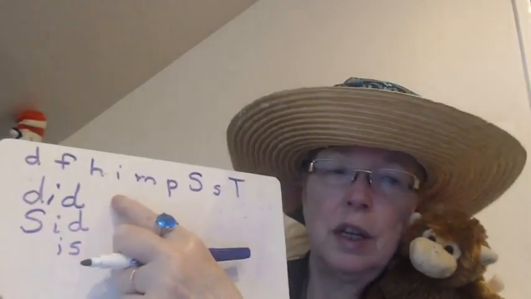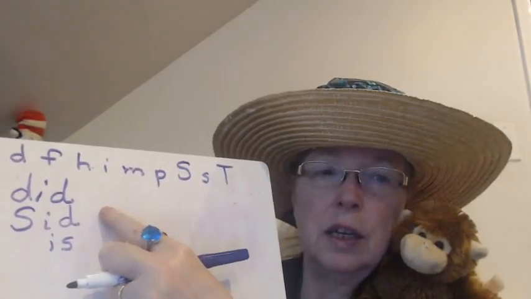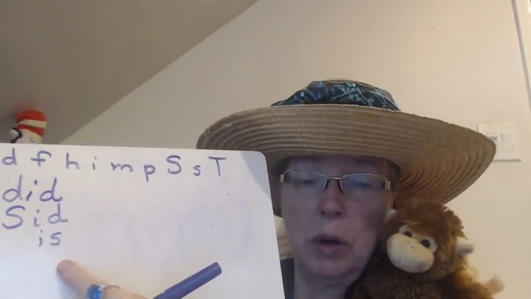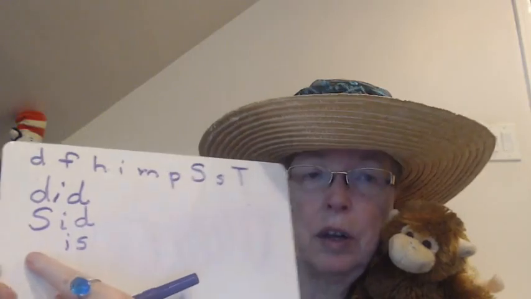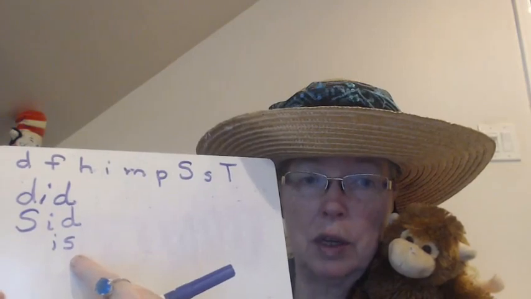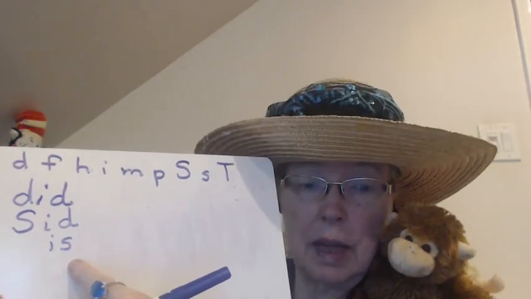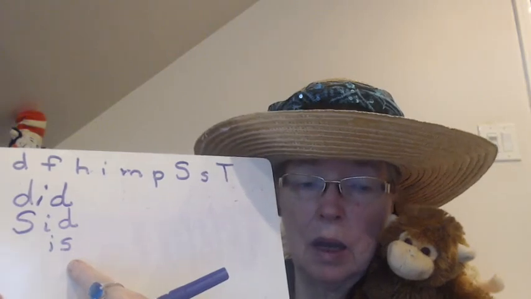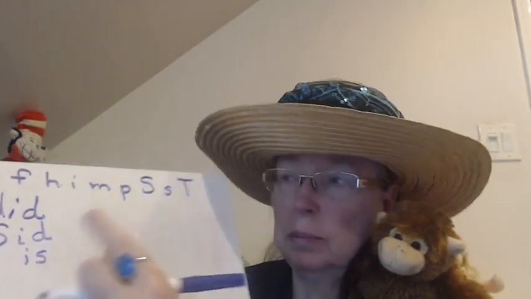So we have did, Sid, is. But we're not going to be adding anything in front of is. We just need to recognize the fact that this word is, and it starts with the short I. All right, let's continue on.